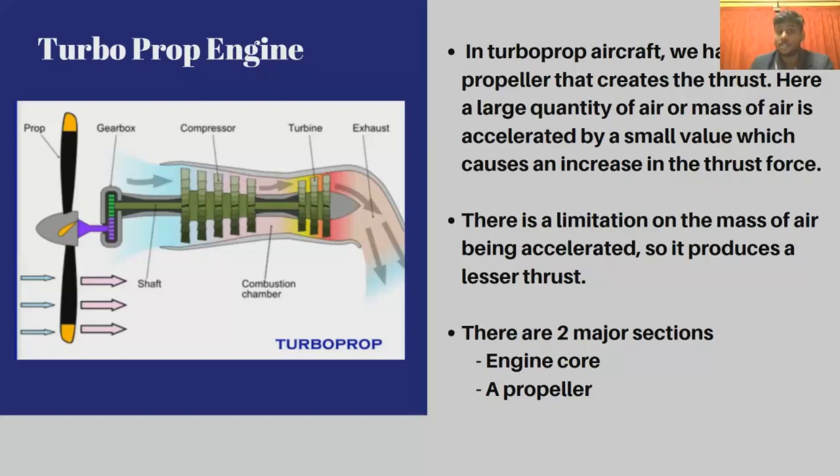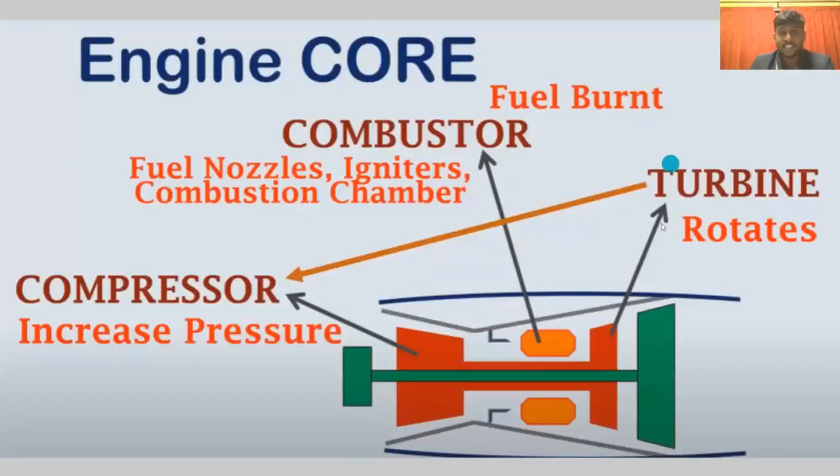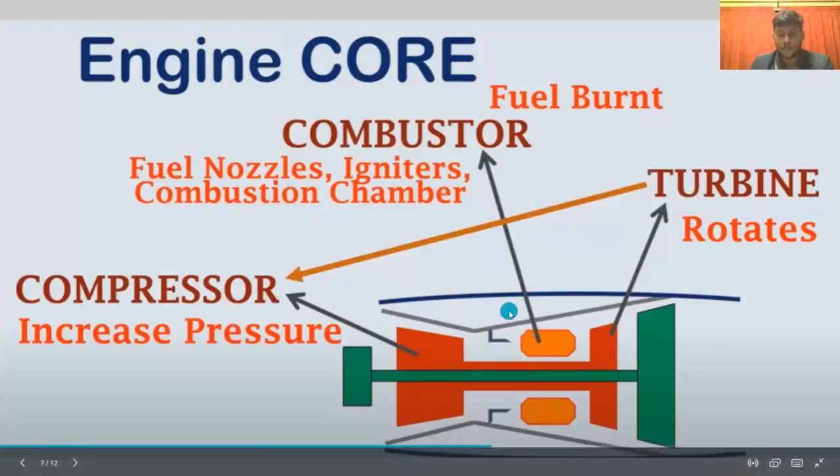A turbopropeller engine consists of two major sections, an engine core and a propeller. This is a schematic diagram of the engine core. Each compartment has its own role to play together.